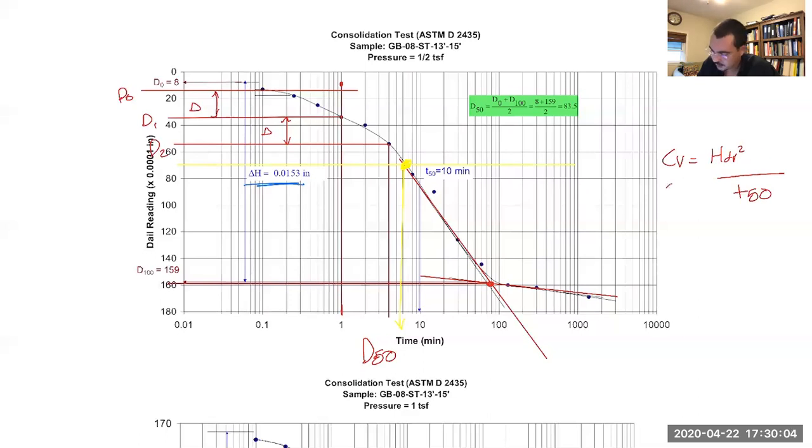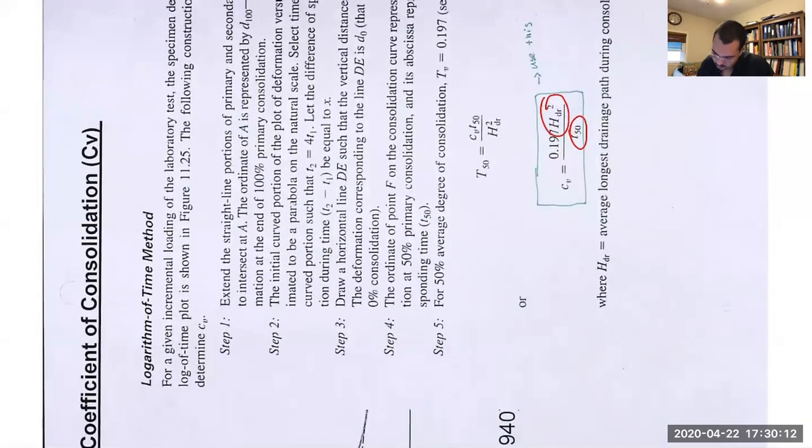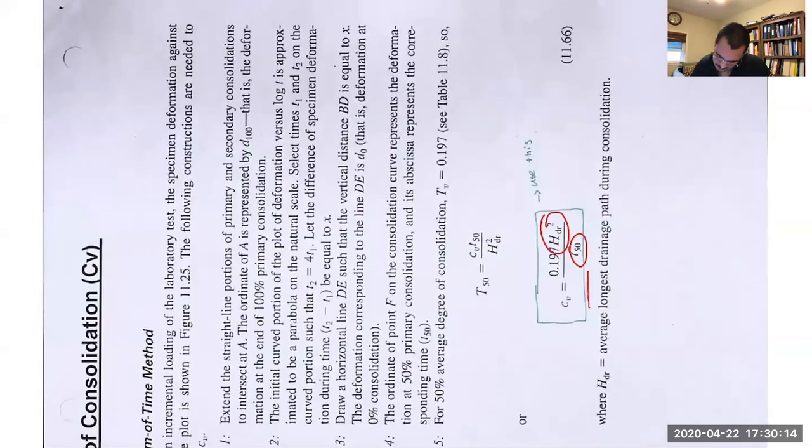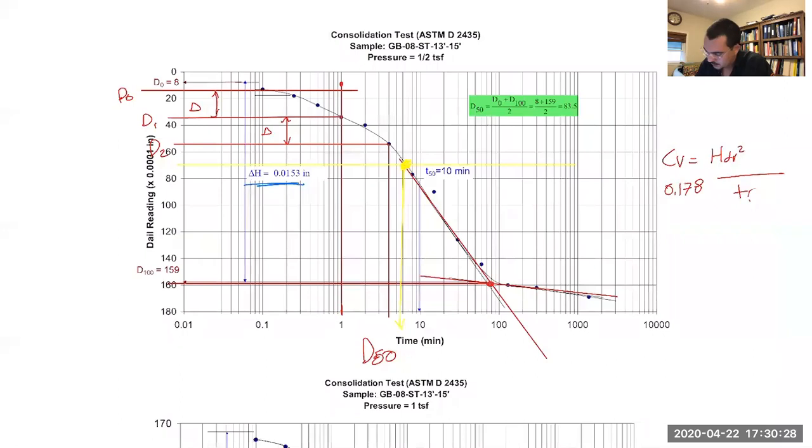Or in this case, 0.178, I think, right? Let's see. Yeah. So this is it. CV is 0.197 H dr squared over T50. So this is the equation that you will use.